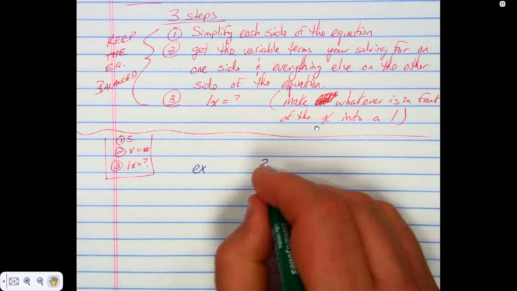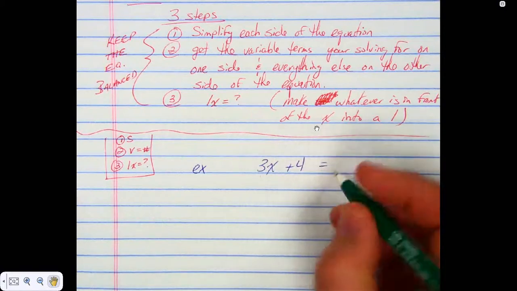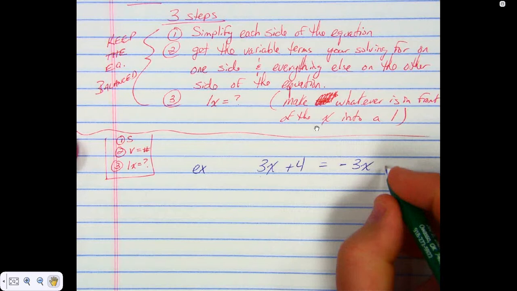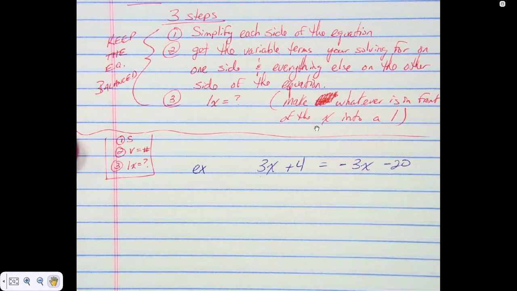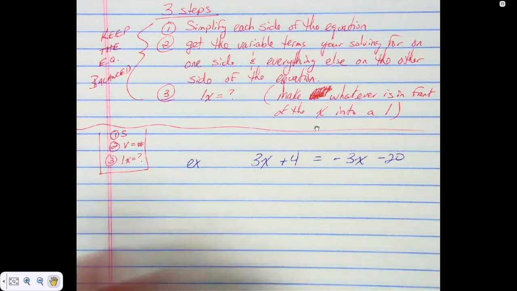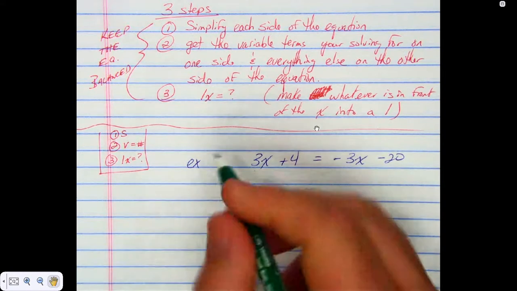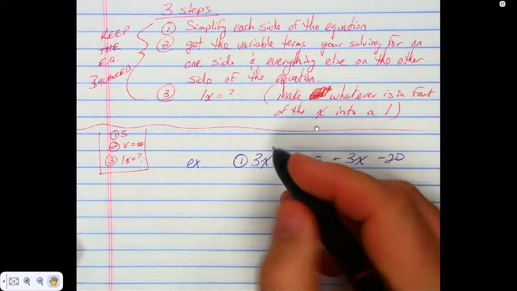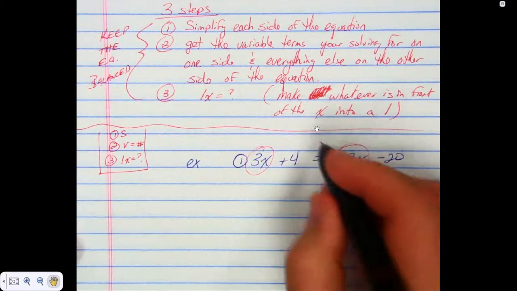Example, 3x plus 4 is equal to negative 3x minus 20. For those of you that have always had problems with this, my suggestion, I used to tell people to circle the variable term you're solving for.